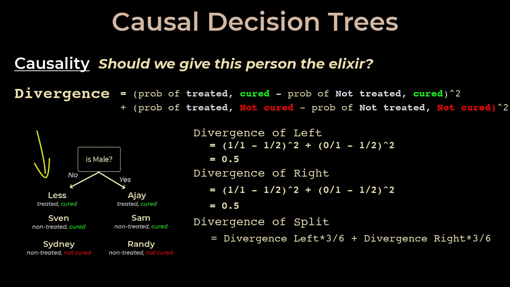So in the left node, we have 3 out of the total 6 participants, and in the right node, we also had 3 out of 6 of the total participants. And plugging these values in, we finally get a divergence of 0.5 for the split.